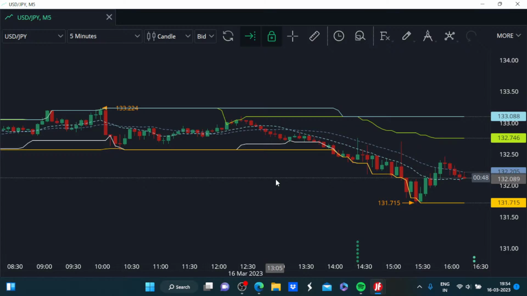Even in yesterday's session, I had talked about the possibility of USD JPY retaining its bearish undertone for quite a good amount of time, and I'm expecting the momentum to remain bearish for the next couple of sessions, and we are likely to see a swing low below 130 in a coming session, if not in today's session itself.